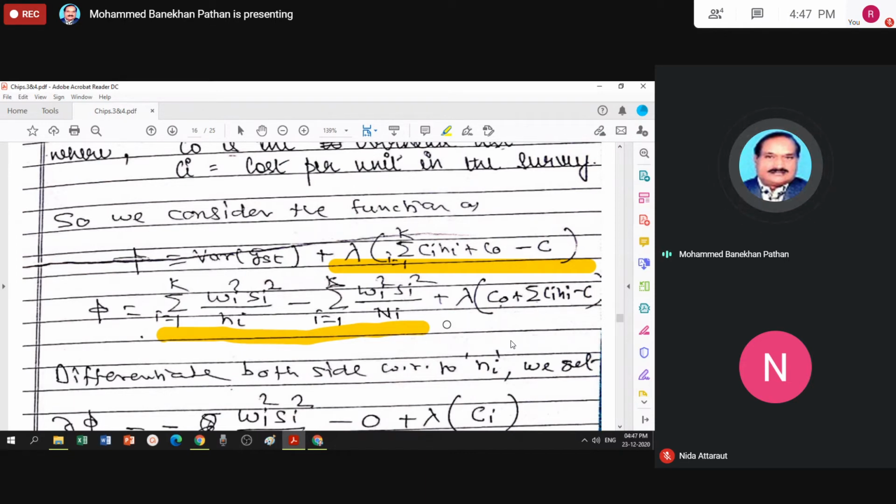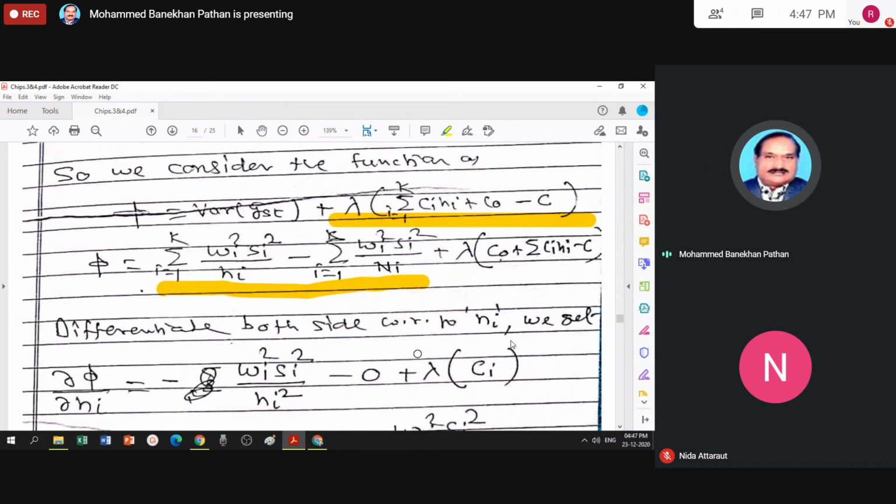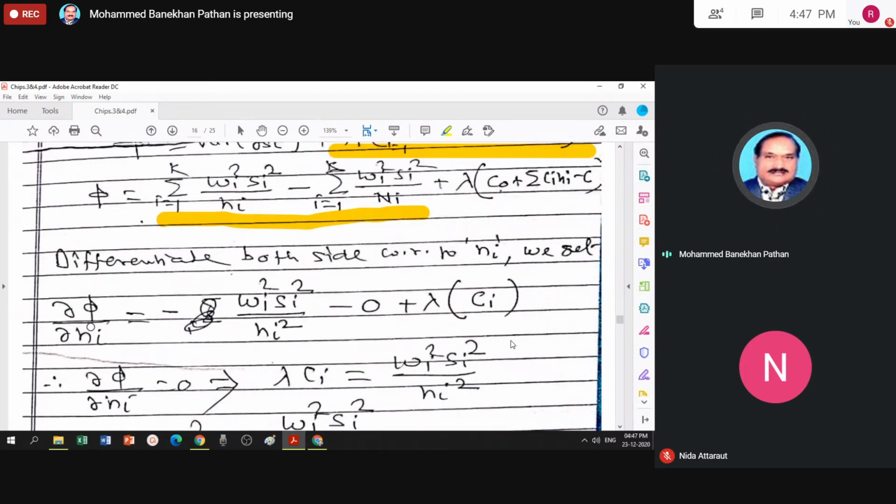Now, according to calculus, if I want to decide small ni such that this phi will be minimum, we differentiate both sides with respect to ni and equate to 0, and you will get the answer for ni.